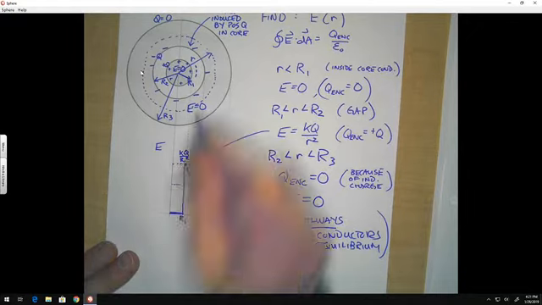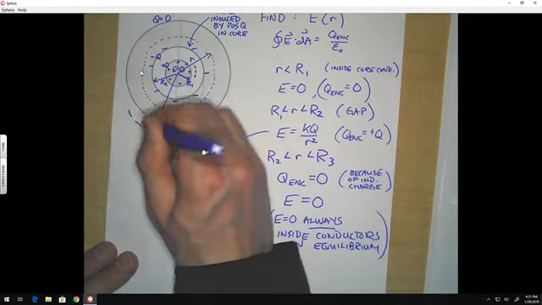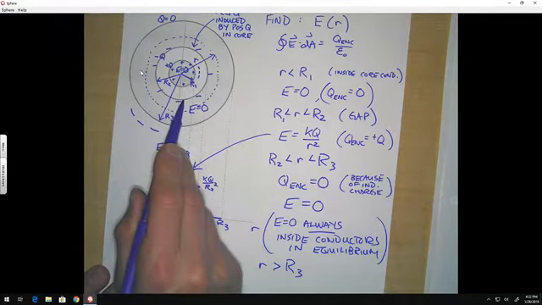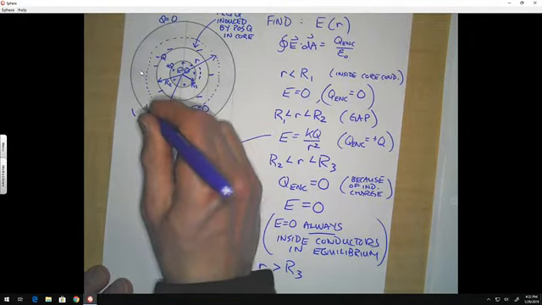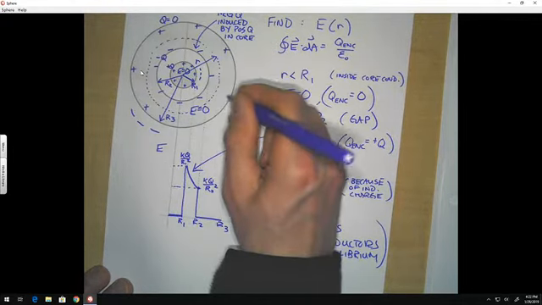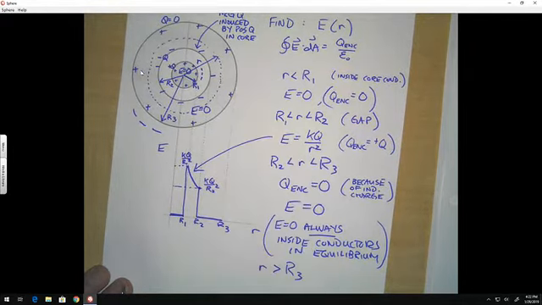So now we'll be looking out here. And the deal here is that when you pull these negative charges to the innermost part of the conductor, an equal number of positives will kind of be left behind, and they're going to come from the surface.